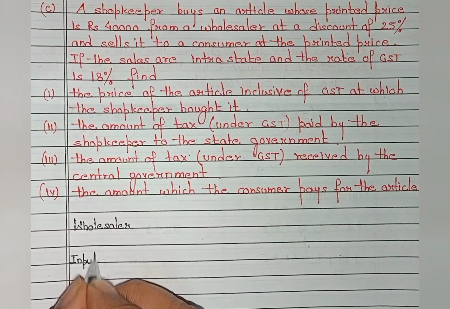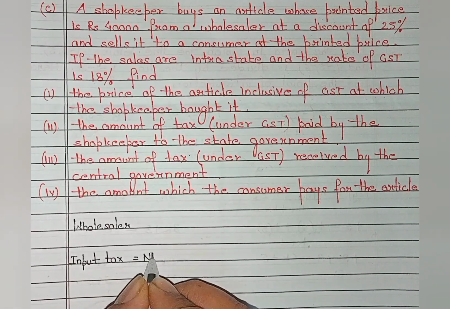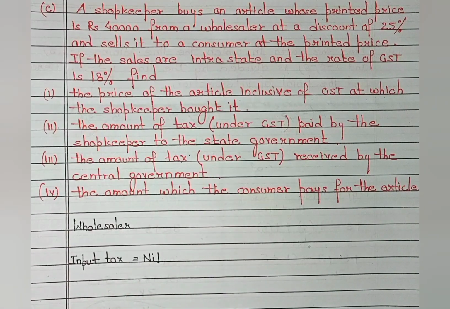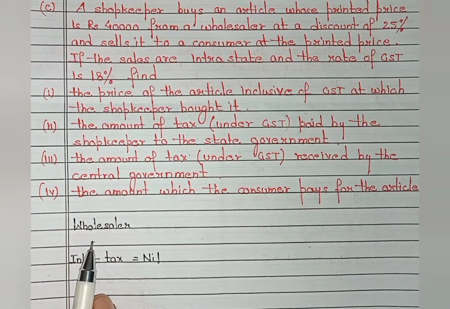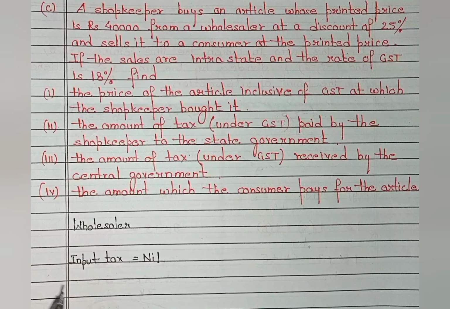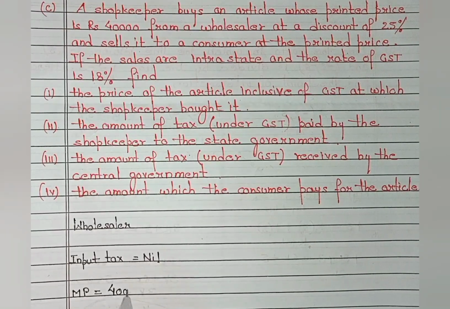Input tax, that is nil, because we can calculate tax only if we know at what cost he is purchasing the article. Wholesaler purchases the article at what price, that is not known to us, so input tax will be taken as nil. Now when the wholesaler is selling, then the mark price given to us is 40,000 and the wholesaler is giving a discount of 25%.